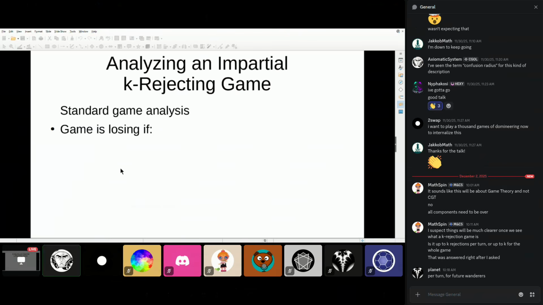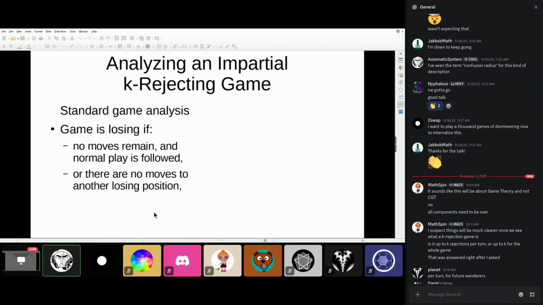The game is losing if you're in the empty position under normal play, or there are no moves to another losing position. There are no draws, so either you are forced to lose or you can make your opponent lose. And if neither of these conditions are met, you're winning.